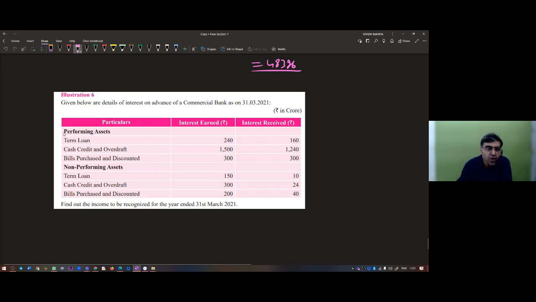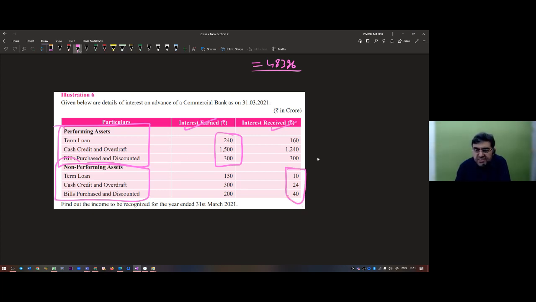These are performing assets. These are non-performing assets. On performing assets, the interest will be taken on an earned basis. On non-performing assets, interest will be taken on a received basis.